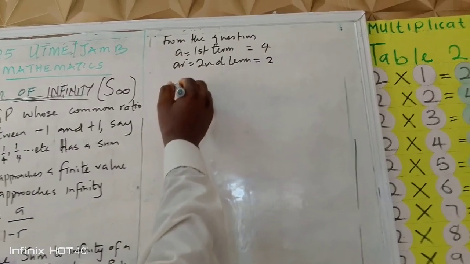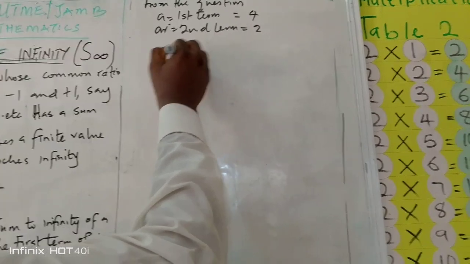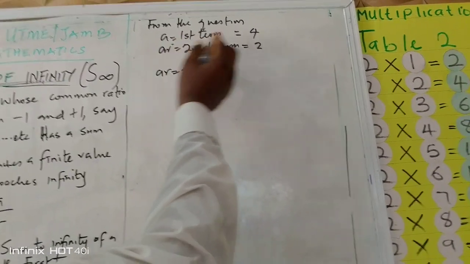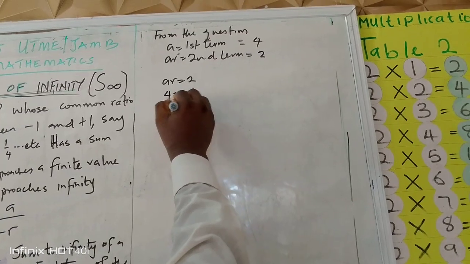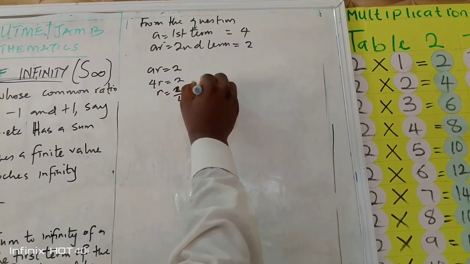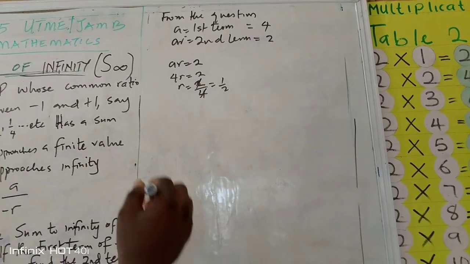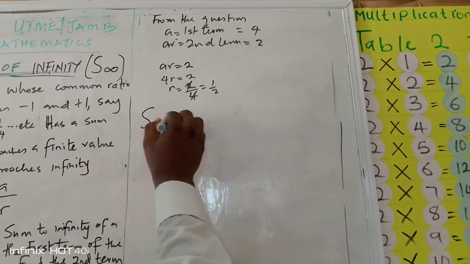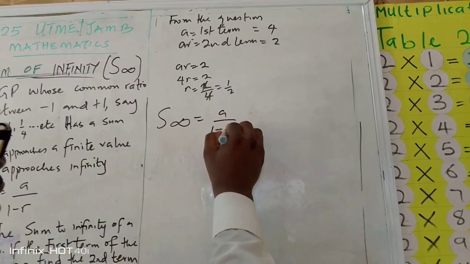So if I use this second line, ar is equal to 2, where a is equal to 4, so 4r equals 2. My r therefore will be 2 over 4, which is half.